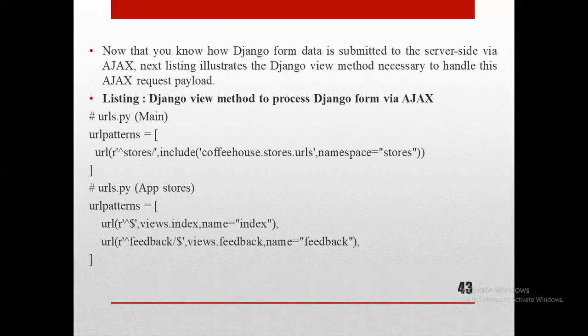It contains, see, urls.py from the main project, then urlpatterns. It contains a URL from the stores app and includes the module coffeehouse.stores.urls with namespace stores.